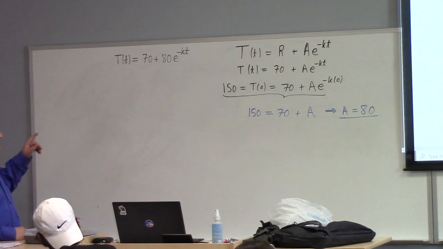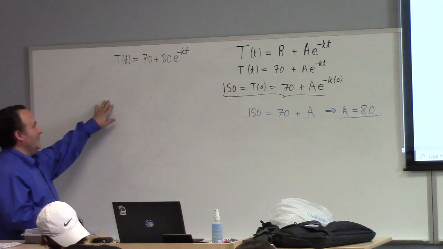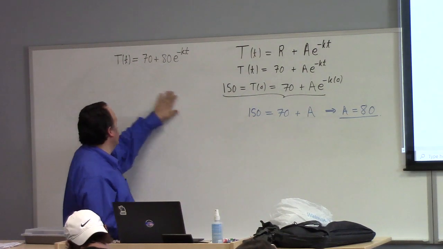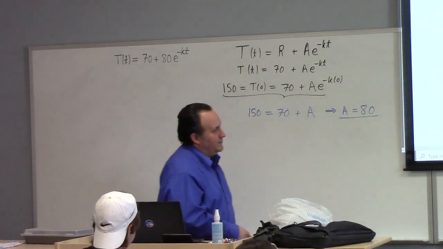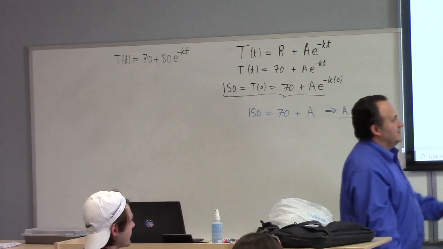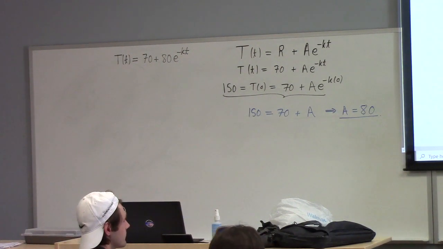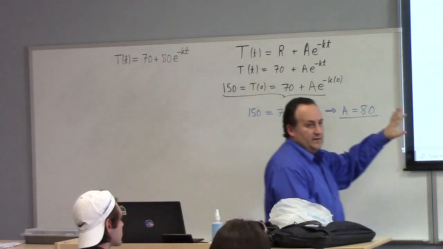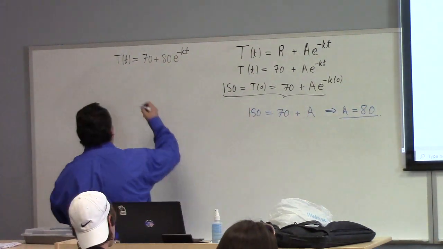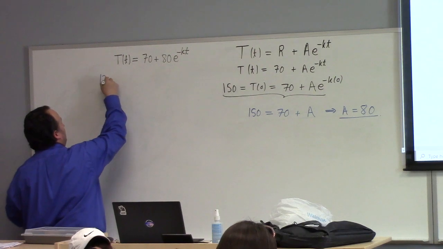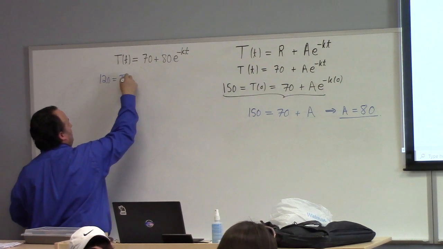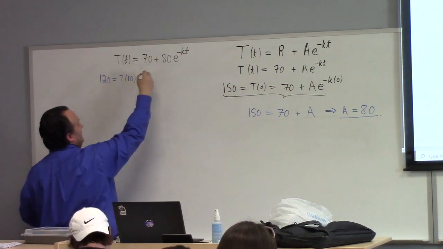All right, so what do we need? What have I not used yet? Oh, after 10 minutes, the coffee cools to 120, right? So I also know T of 10 is 120. That means I plug 10 in for t.